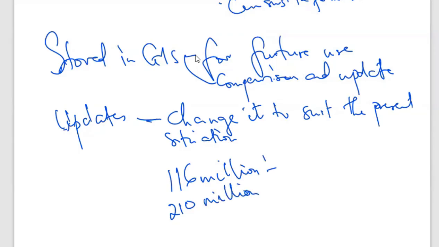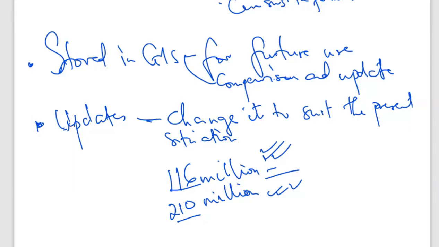We cannot keep relying on this information because it's now out of date and no longer applicable, which means we need to go to the system and update it to the current nature of population. It has now changed from 116, now it's at 210. We need to update the information to make sure that it suits the current geographical trend, which is prevalent in the real world situation. Right, that is updating of information.